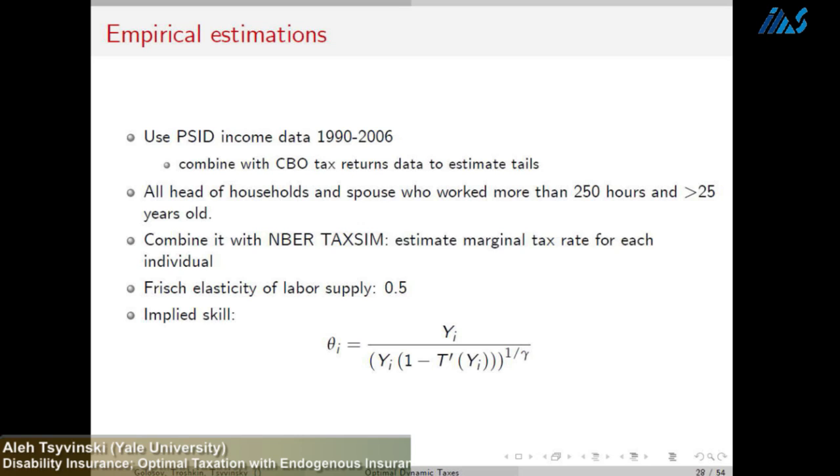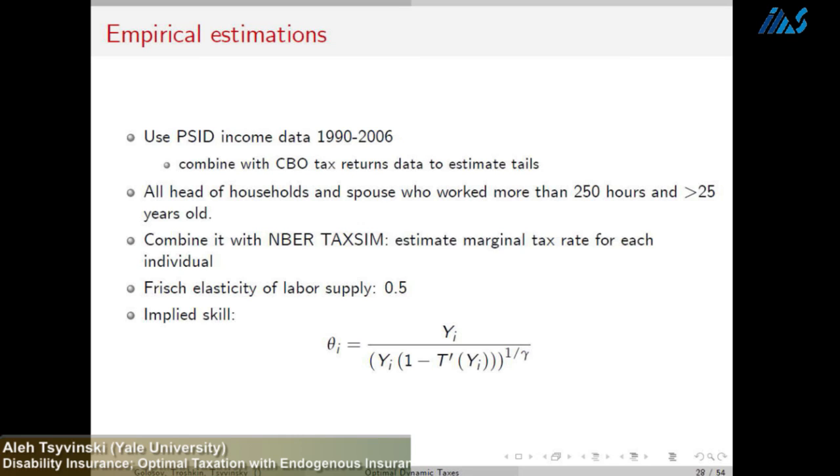The initial distribution is I'll take everybody from 25 to 30 years old, and I just find the cross section. What data are you looking at to estimate this? I'm looking at PSID data with a little bit of exception because I need the fat tails, so I also match it with CBO. I do two things. I'll look at Y, the income you have, and I'll look at the marginal tax you pay.